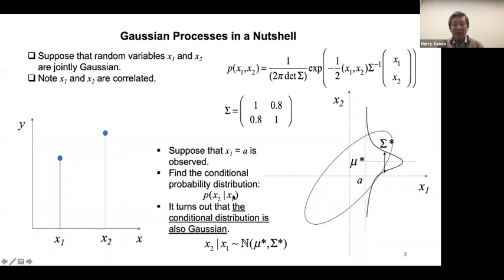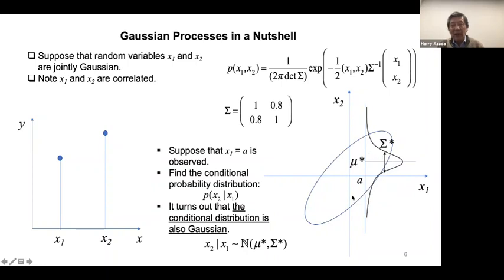That's p(x2|x1), right? I cut here at x1 equal to a and look at the distribution of x2 along this line, and it turns out to be a curve like this.